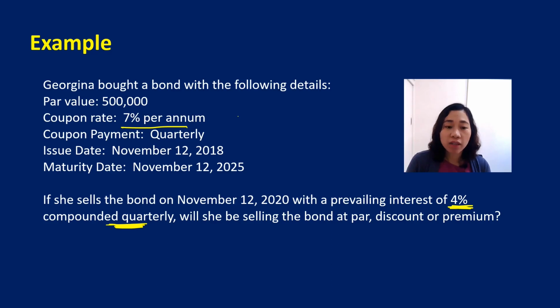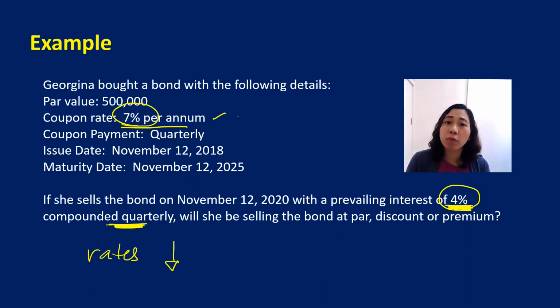This bond is giving you 7% interest. But when she sells the bond, and the current rate is 4%, what will happen, class? This means that rates decreased. From 7%, the current is now 4%.